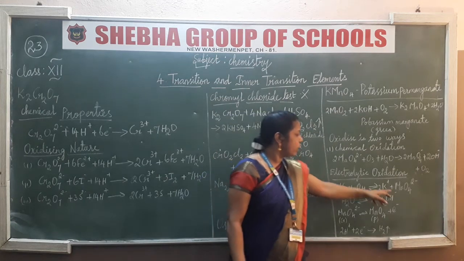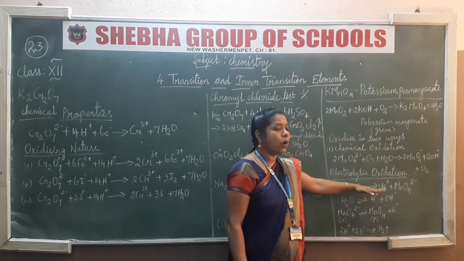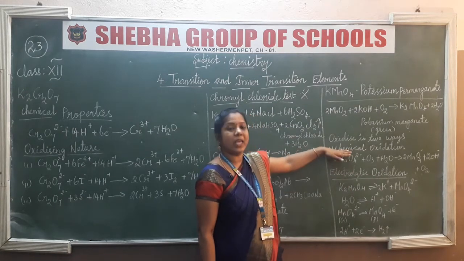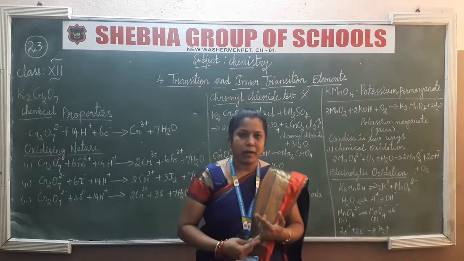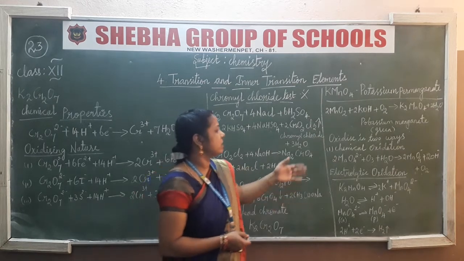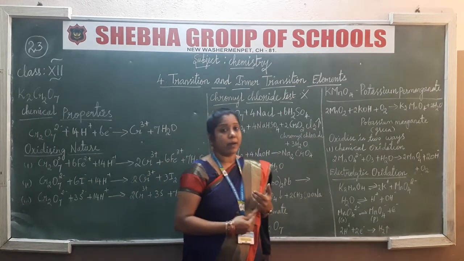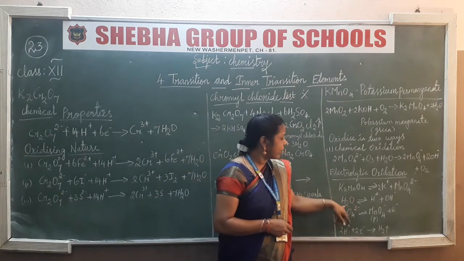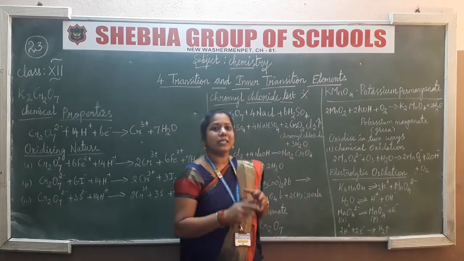So it is explained how to get potassium permanganate through electrolytic and chemical oxidation. We can prepare it through electrolytic as well as chemical reactions through these oxidations. It can also be explained through water molecules, the same reactions.